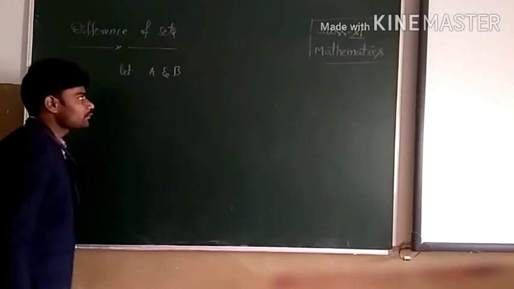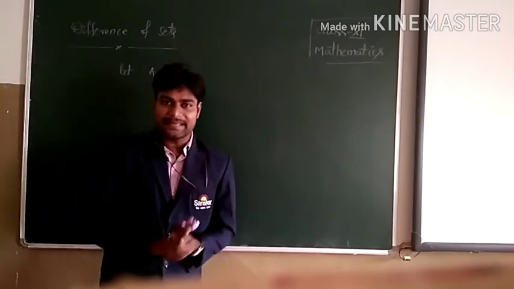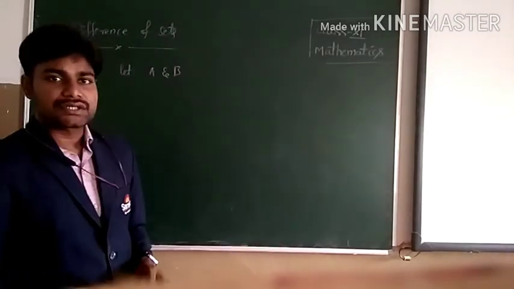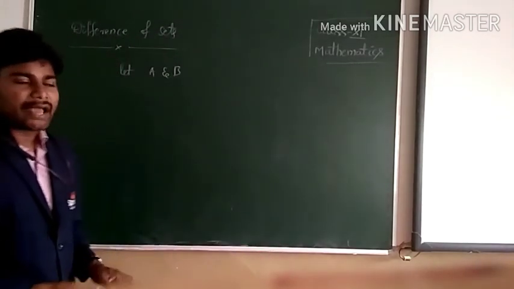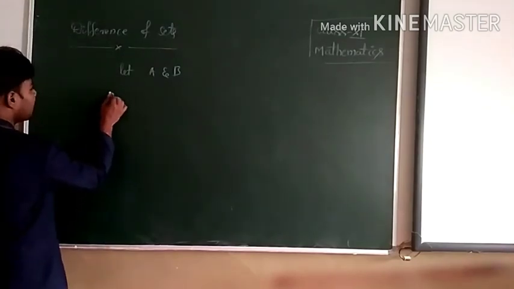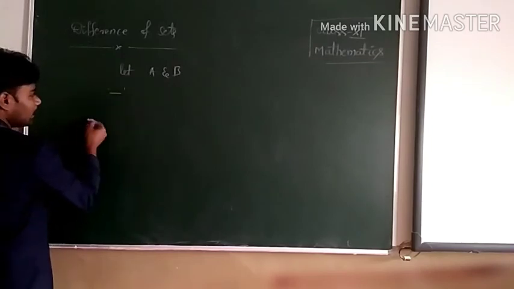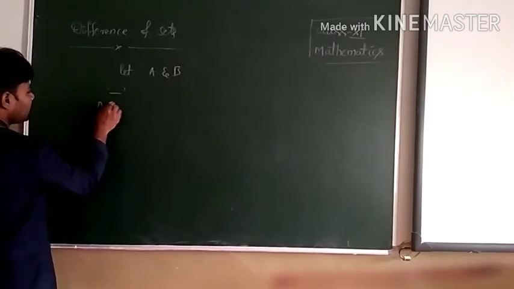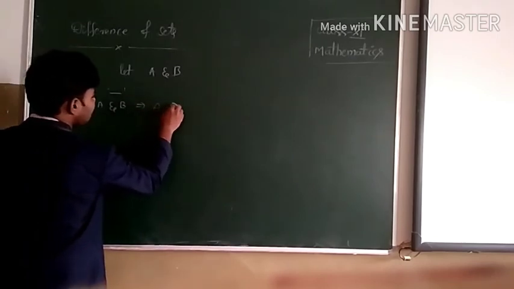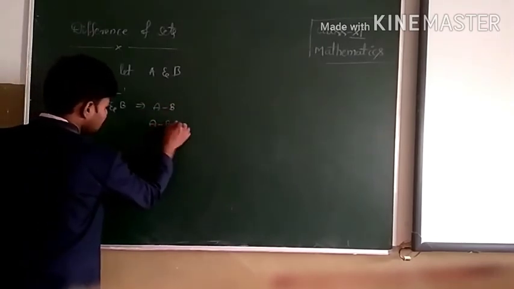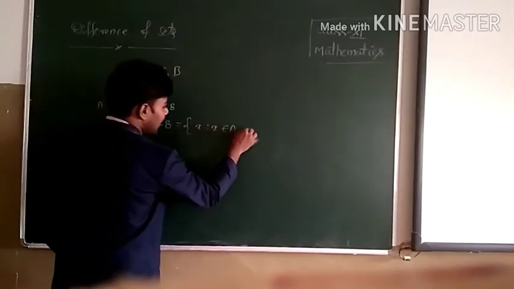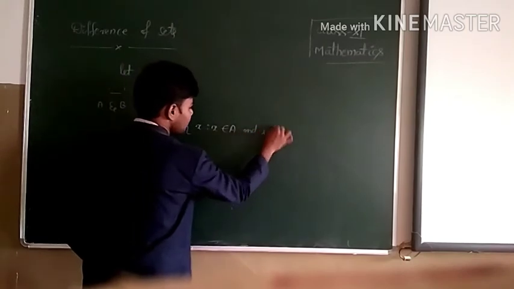The difference of A and B is a set which has the elements which belong to set A but do not belong to set B. Generally difference of sets is denoted by this symbol, and the difference of A and B is represented by A minus B. So symbolically, A minus B is equal to {x such that x belongs to A and x does not belong to B}.